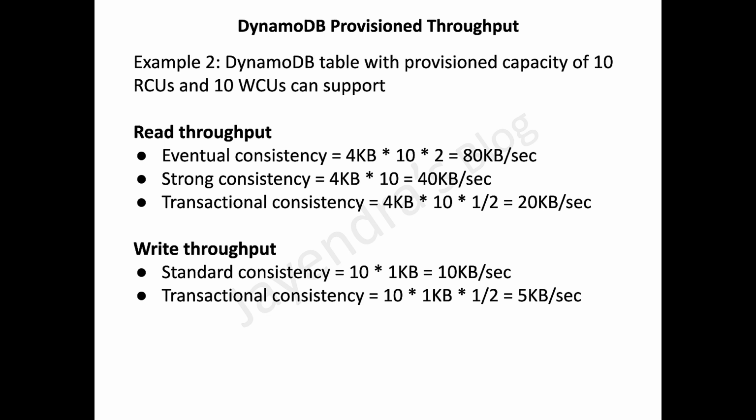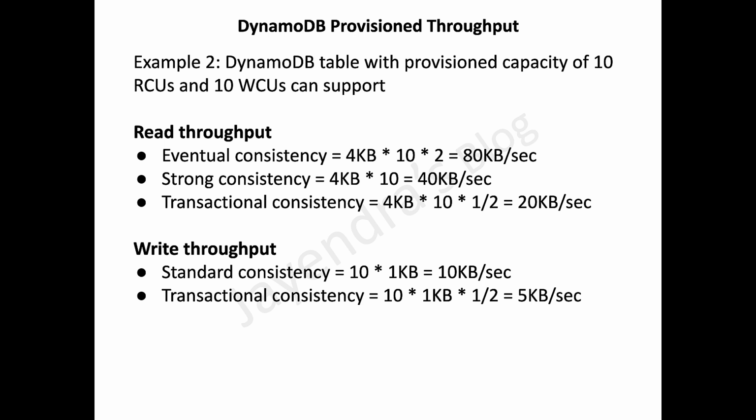With strong consistency, we can read 40 KB of data per second, that is half of eventual. And with transactional consistency, we can read 20 KB of data, that is the half of strong consistency.